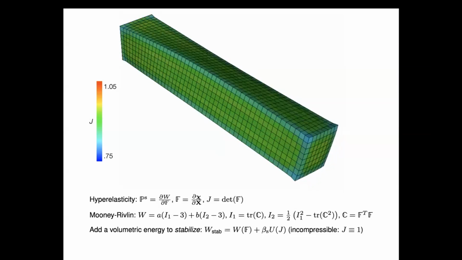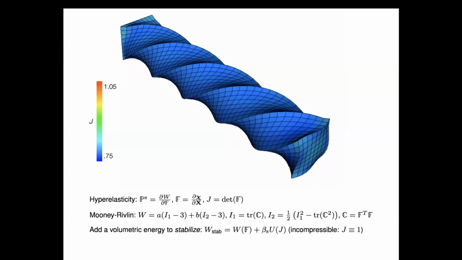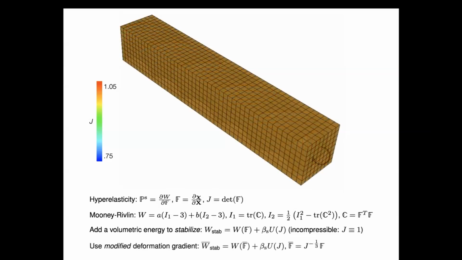If you do that, then you get much more reasonable deformations. You still do get some volume change, more than we would like. So the next thing you can try is what's called a modified deformation gradient tensor. Here we are using a deformation gradient tensor F bar, which is J to the minus 1 over d times the original deformation gradient.